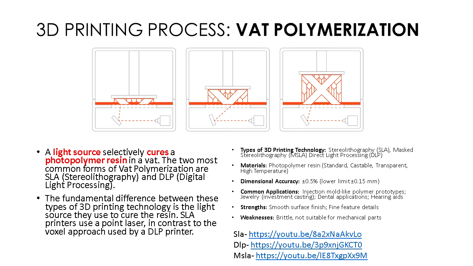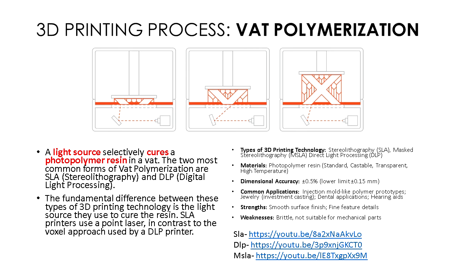So they have two main types of technology here, or over here they have three. The first one is SLA, stereolithography, using laser. The other one is DLP, digital light processing, like a projector, using light.